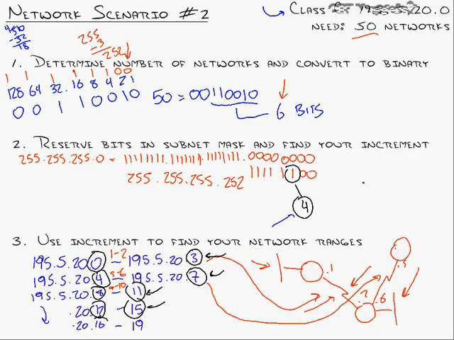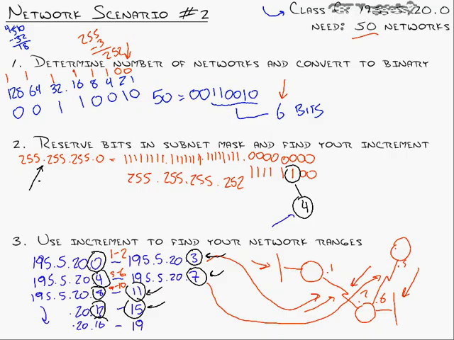Now, with that being said, that is the second network scenario that we've gone through that is a Class C address. I'd like to add one more piece of information that we can gather from this. That is a different way to write the subnet mask. You can see that I have the Class C subnet mask right here, 255.255.255.0.